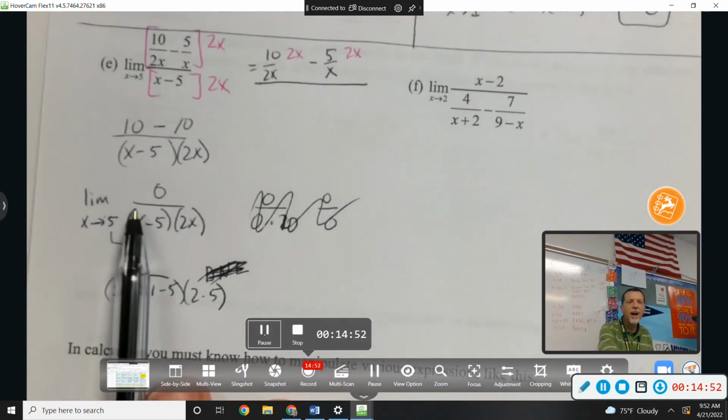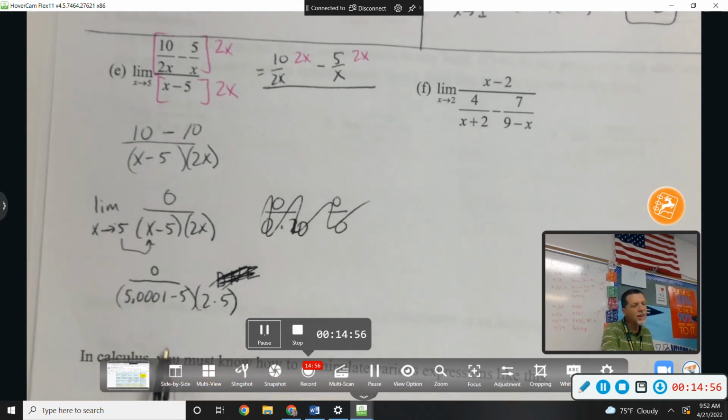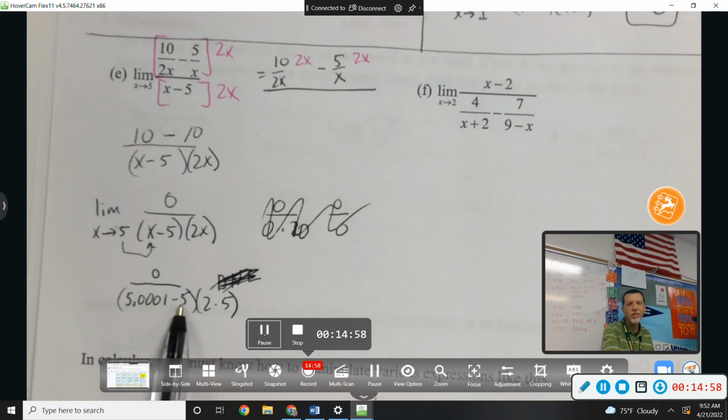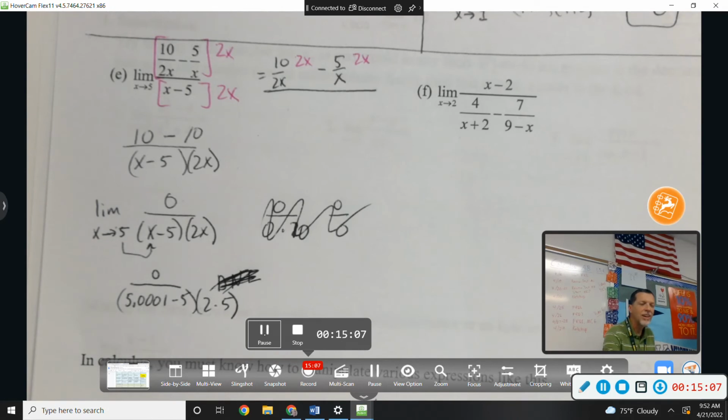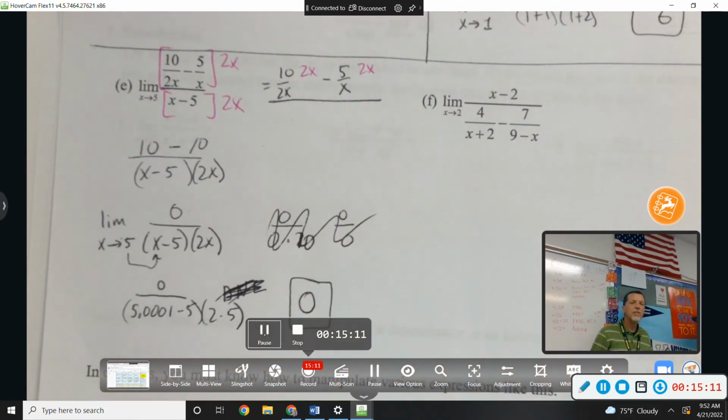It's like the top is a hard, definite 0. 10 minus 10 is 0. The bottom is like, well, it's close to 0. So 0 divided by anything close to 0, but it's not about D and E. The top is a definite 0. So it's 0 divided by almost 0. So the answer is 0.